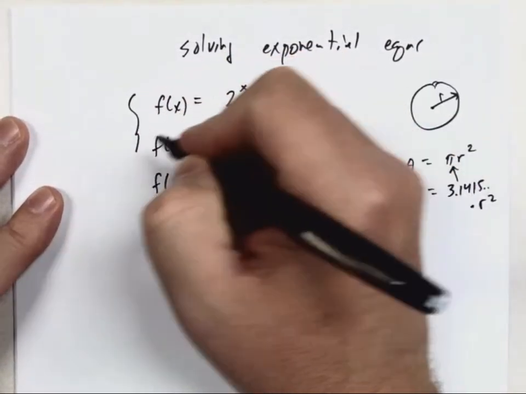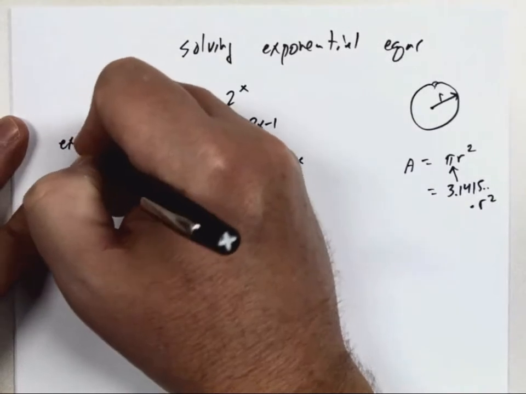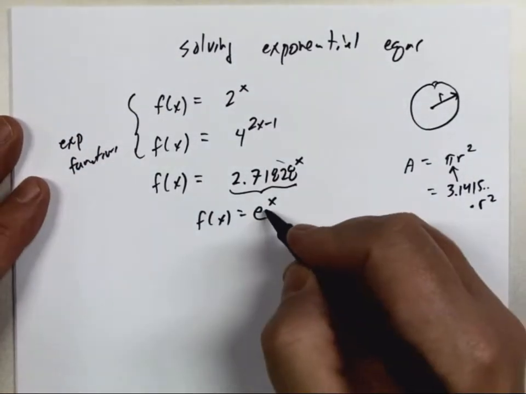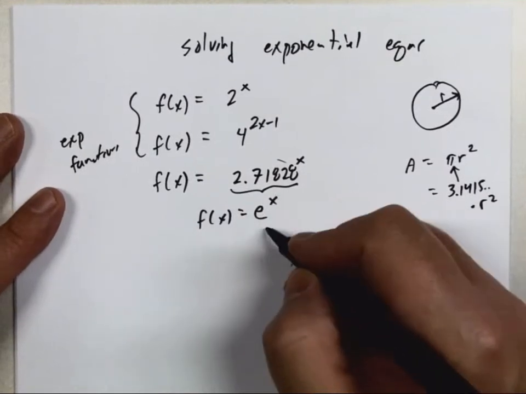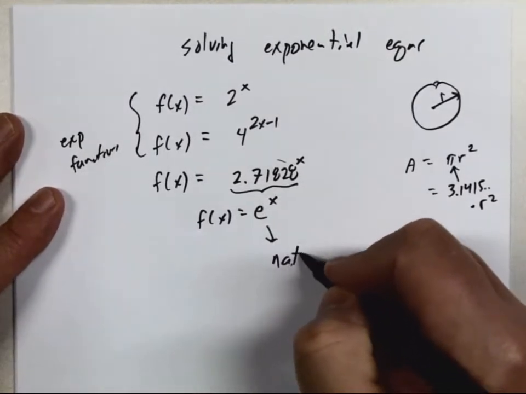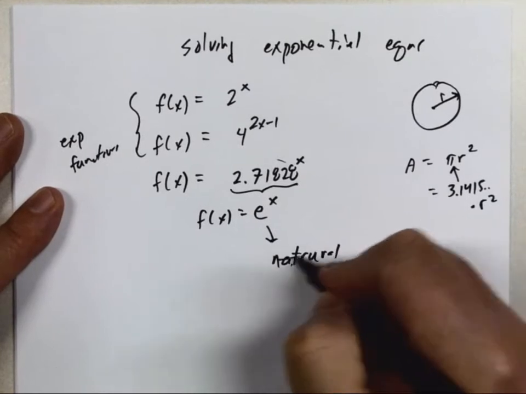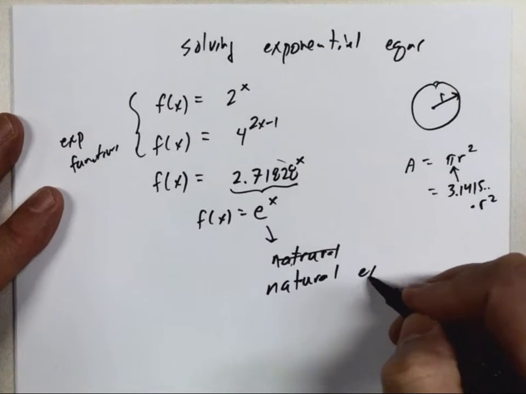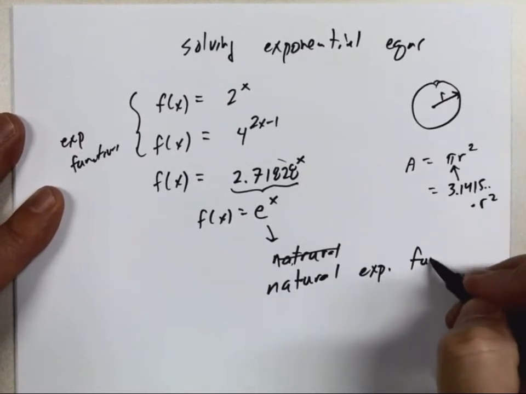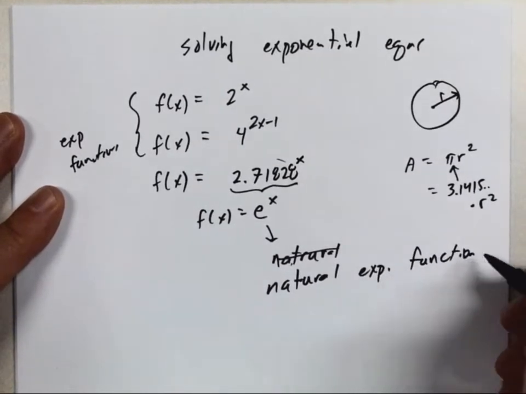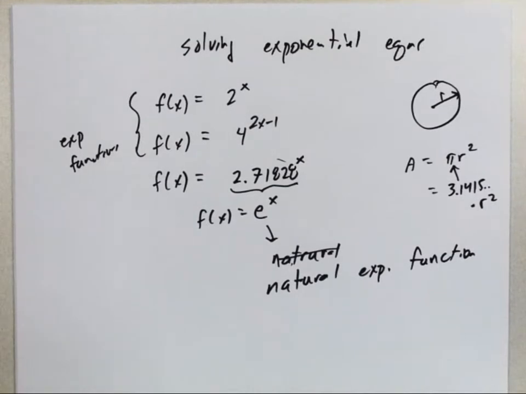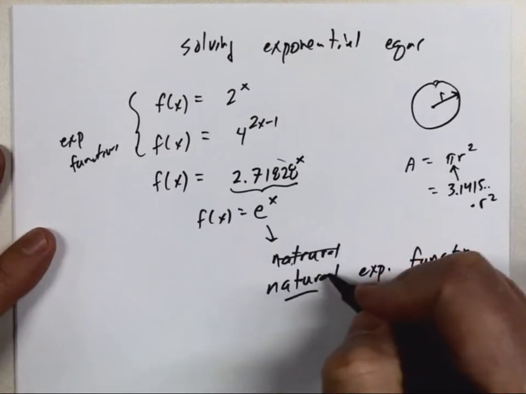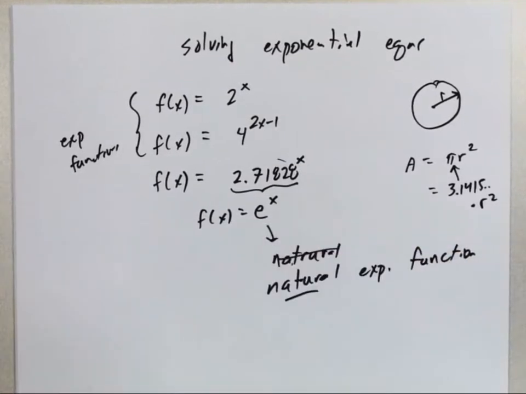These we would call exponential functions, but when the base is e, they call this the natural exponential function. The difference is the word natural. When you have the word natural here, that means the base is going to be e.